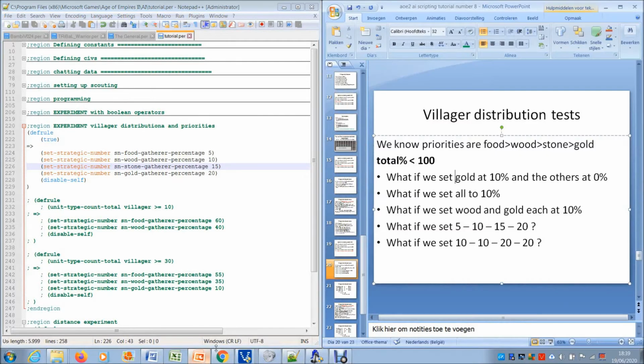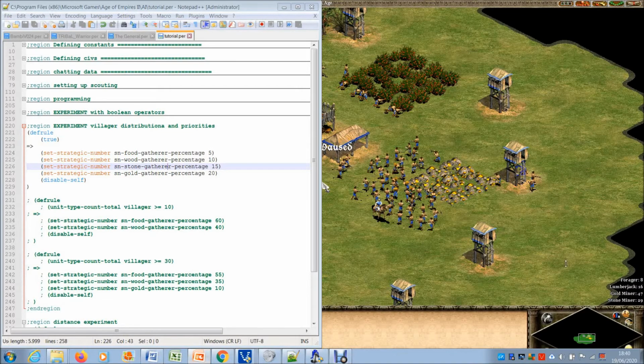This leads to the conclusion that a lot of villagers which aren't distributed, a bulk of them go to the resource with the highest percentage. But it's not all the villagers that are not accounted for in this percentage, because there are more villagers on food than 5. There are more villagers on wood than 10.